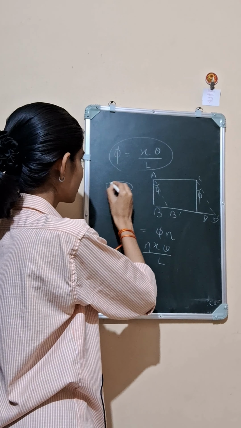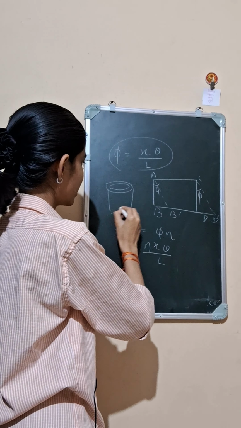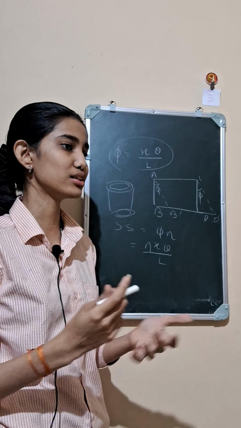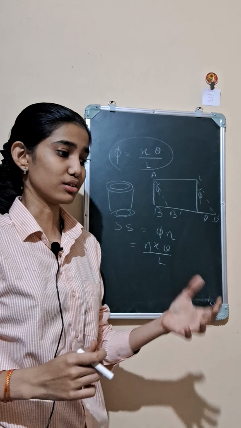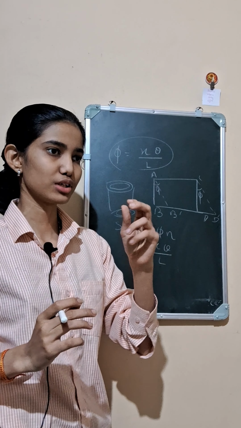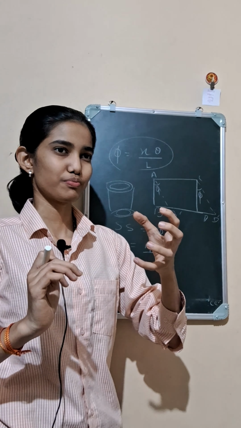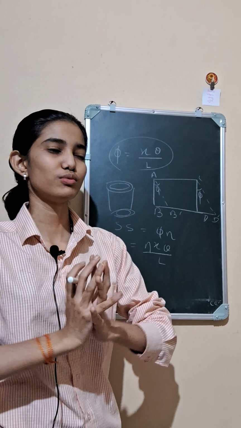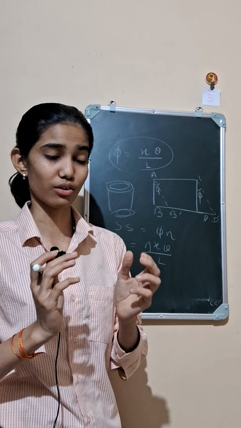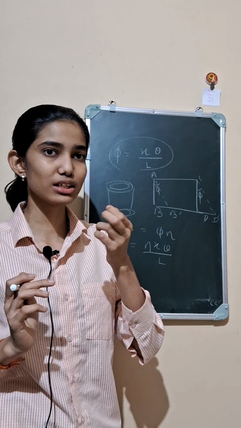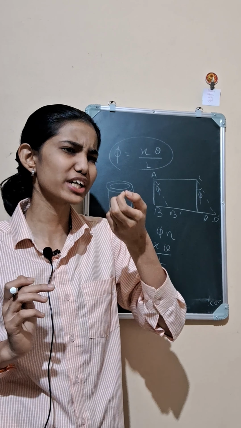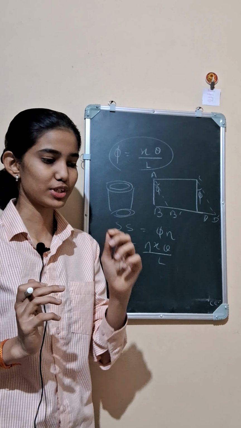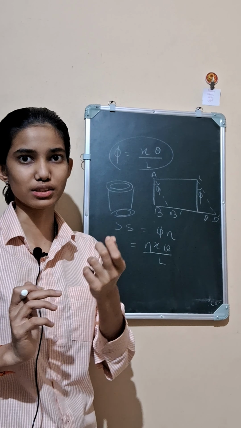If I take this elemental cylinder, I have taken it as a hollow cylinder, as I had already told you how a solid sphere consists of a large number of hollow spheres. When I take the radius of the hollow sphere to be very small, it will look something like a mustard seed.